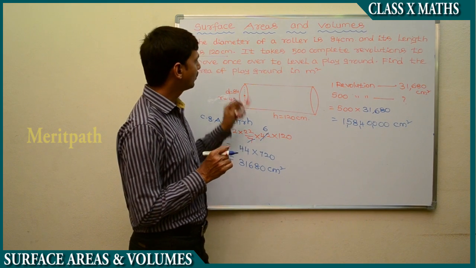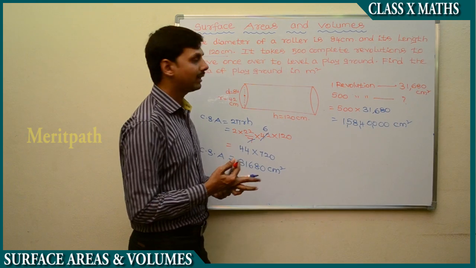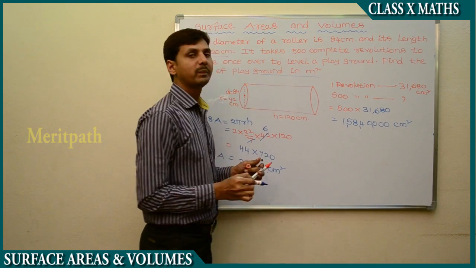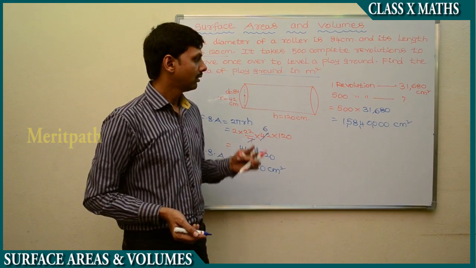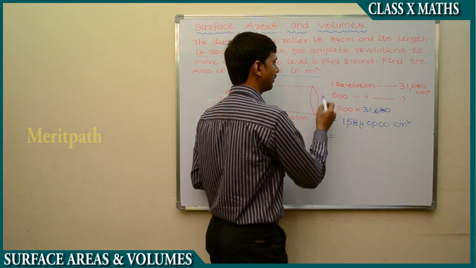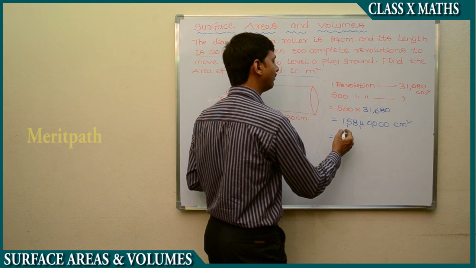We need to change this centimeter square into meter square, because the area of the playground should be taken in meter square. This is the conversion of units, which we have learned in previous classes.